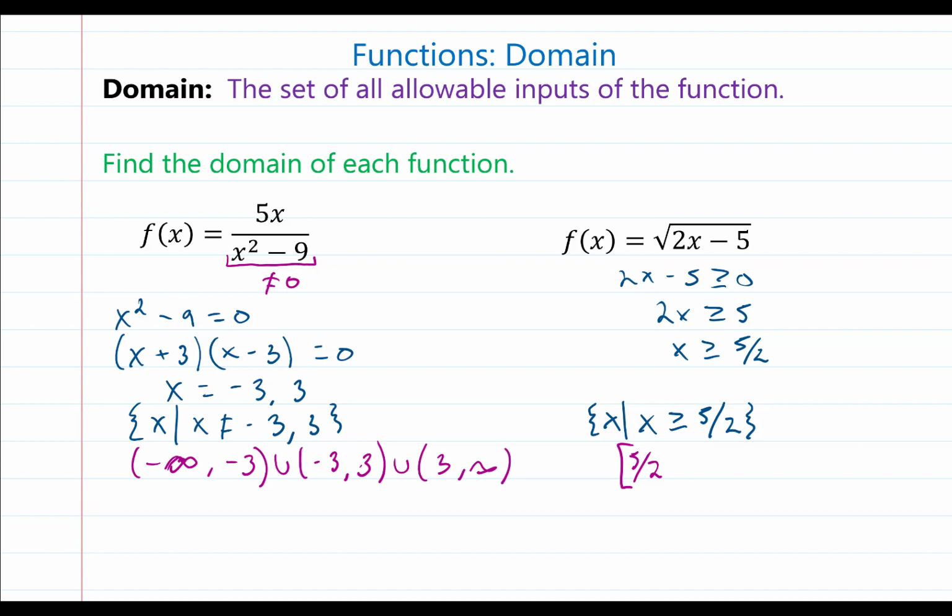And what we know is that x can be any value greater than 5 halves, so it's going to go up to infinity. And then we put a parenthesis around infinity because infinity is not a number, it's an idea, so infinity means it never ever stops. We're going to keep going and there's always a larger value. But we know, again, it cannot be less than 5 halves, which is why we don't have any value in our interval notation that is smaller than 5 halves.